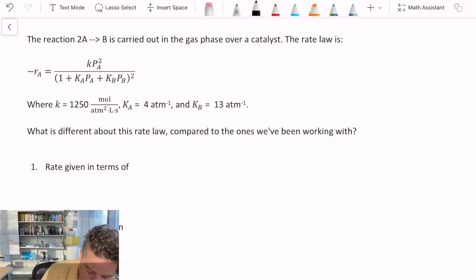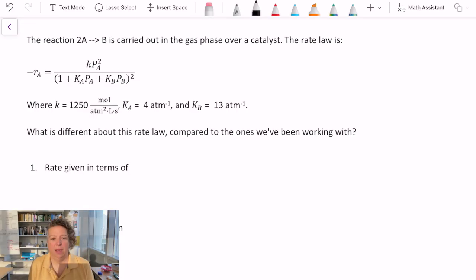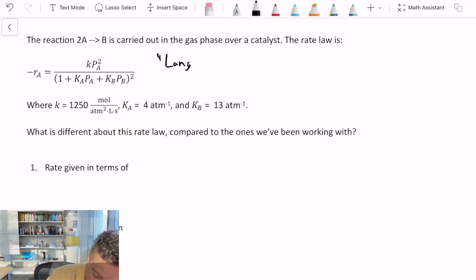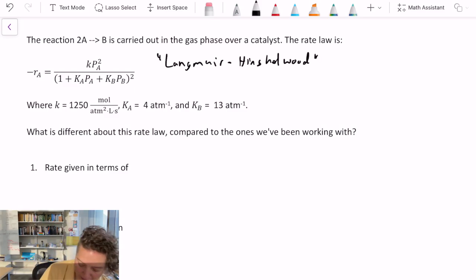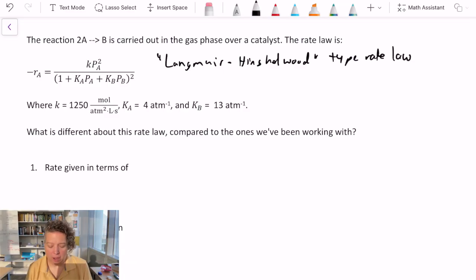This rate law takes the form of a Langmuir-Hinshelwood type rate law. Part of the Langmuir-Hinshelwood formalism is that it comprises information about the free site coverage and the rate determining step.